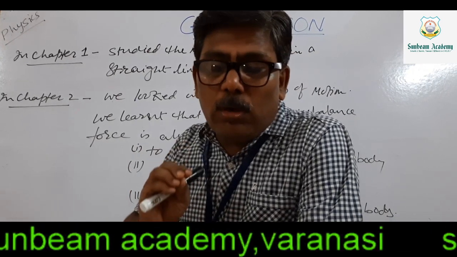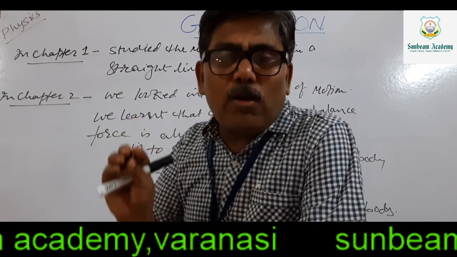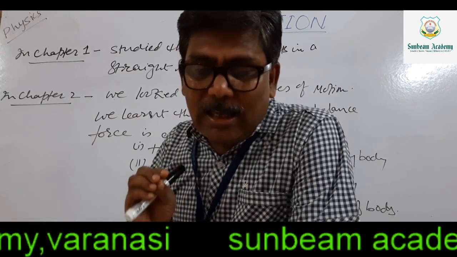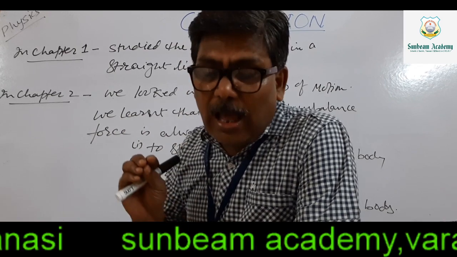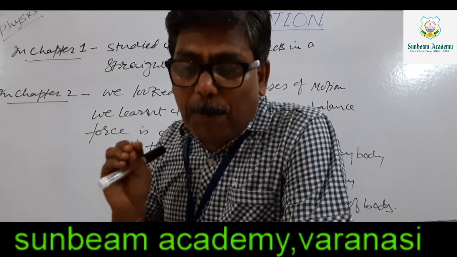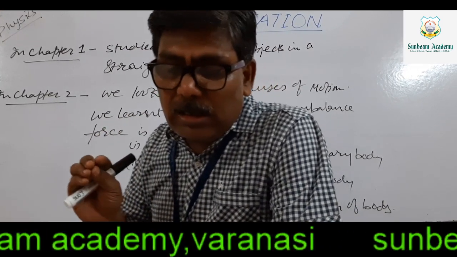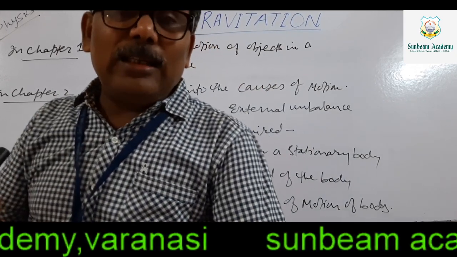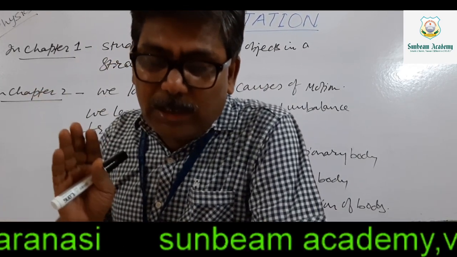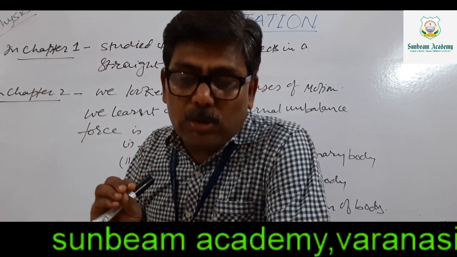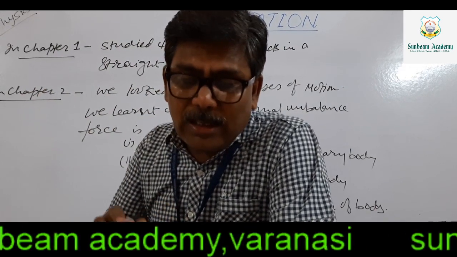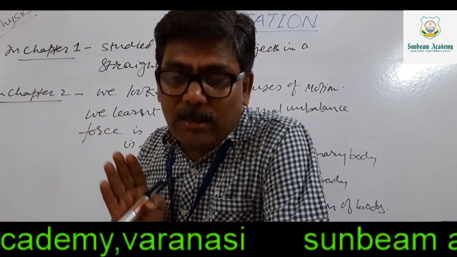Similarly, the moon also revolves around the earth in a circular orbit, and the direction of motion of the moon changes continuously. This must be due to unbalanced force on the moon exerted by the earth.